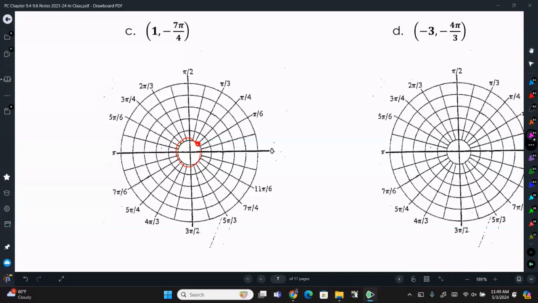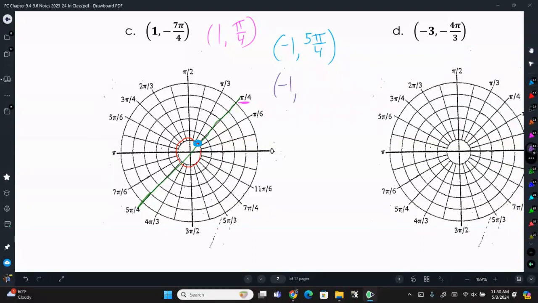Well, instead of going negative 7 pi over 4 clockwise, I could go pi over 4 counterclockwise. Okay, so then pi over 4 lines up with 5 pi over 4. So I could go negative 1 comma 5 pi over 4, because that would be rotating counterclockwise 5 pi over 4, and then going in the opposite direction of the pole 1 unit, and I would land right where the original point was.